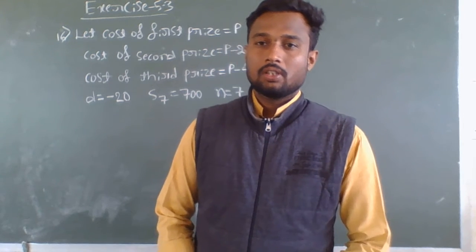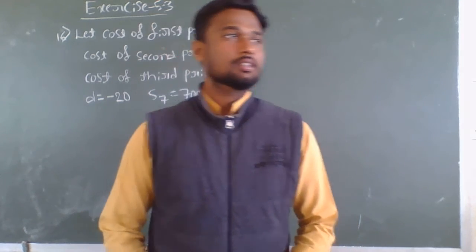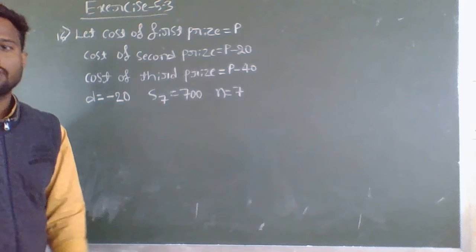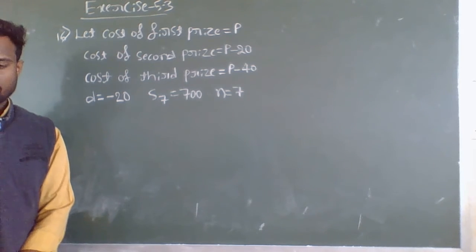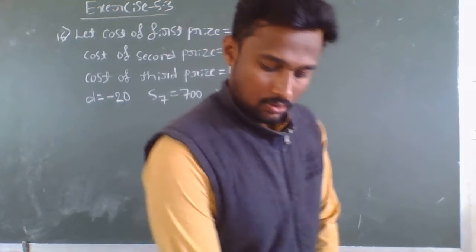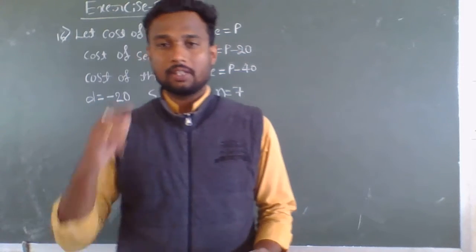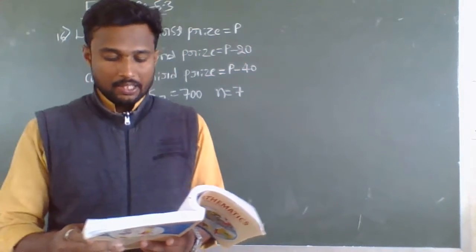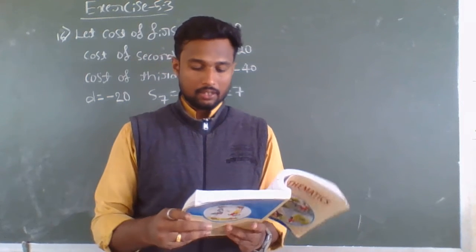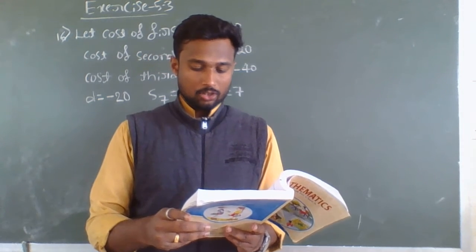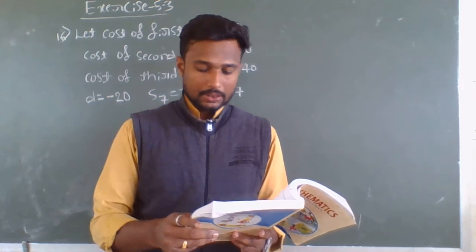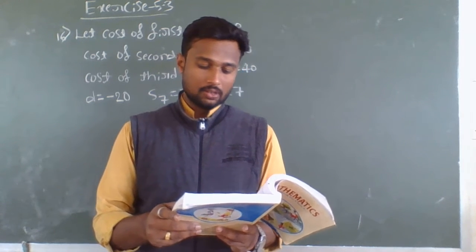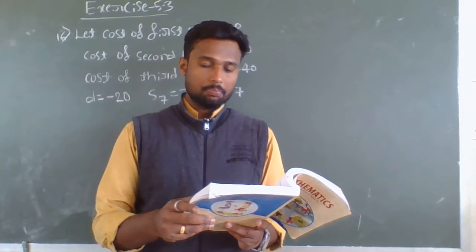In today's class, I will start to discuss problem number 16 from exercise 5.3. A sum of 700 rupees is to be used to give 7 cash prizes to students of a school for their overall academic performance.